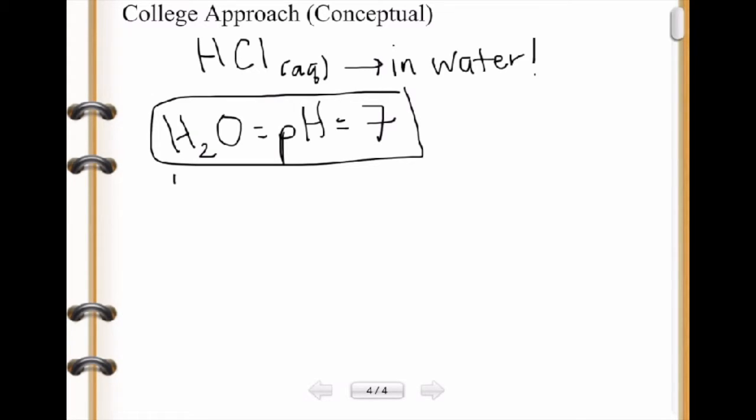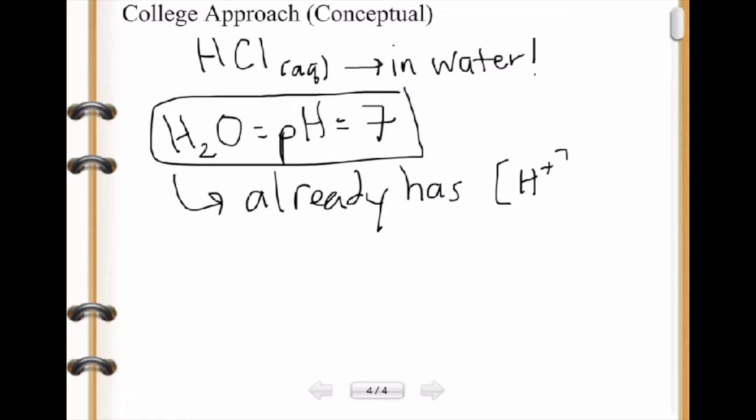And that means water already has an H plus of 10 to the negative 7th molar. That's excluding the HCl. The HCl doesn't even have to be dissolved in it.